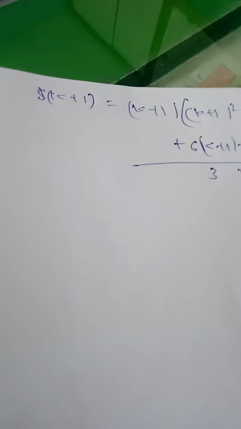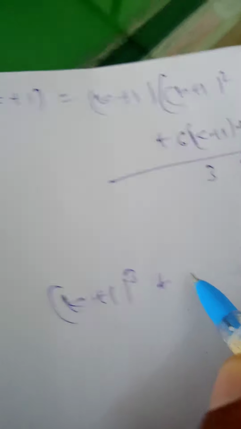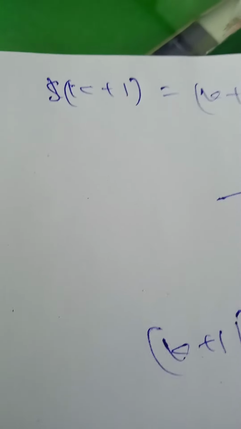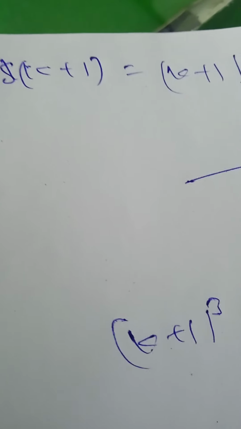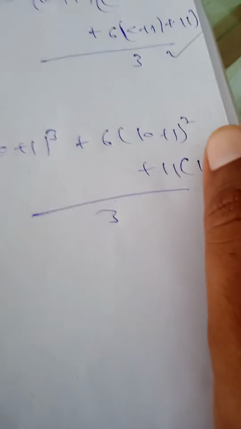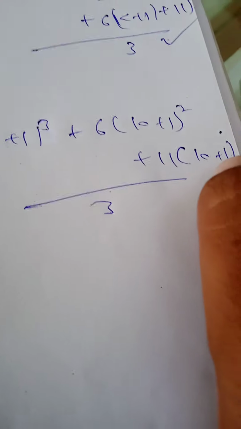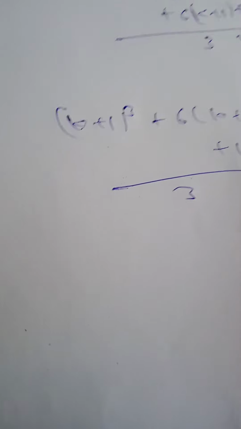If we do further, (k plus 1) whole cube plus 6 into (k plus 1) whole square plus 11 into (k plus 1) whole by 3.